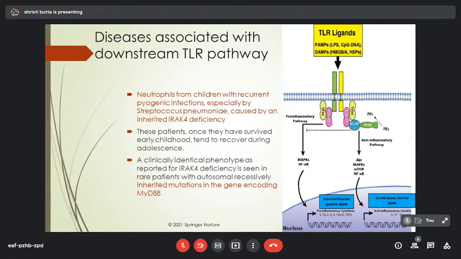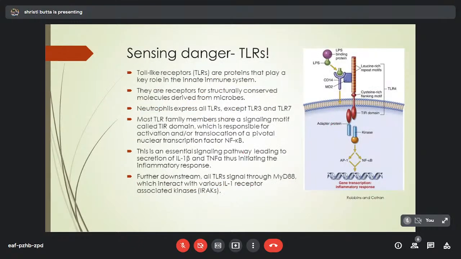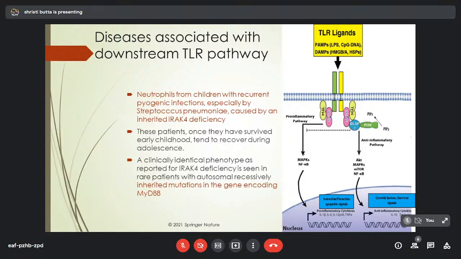Now, what is this IRAK4? IRAK4 is the interleukin-1 receptor-associated kinase. What is its function? IRAK4 and MYD88 are important because they allow for the production of NF-kappa B and allow signaling via the MAPK and mTOR pathways.